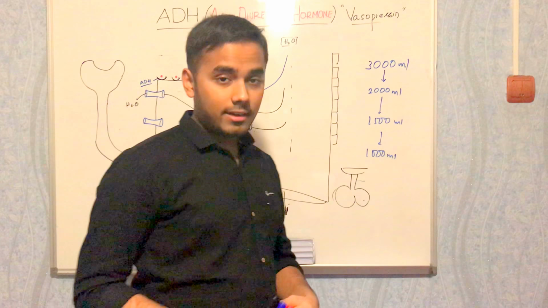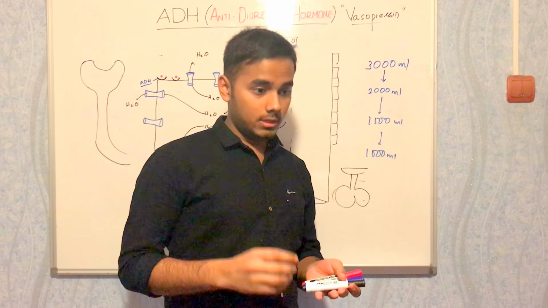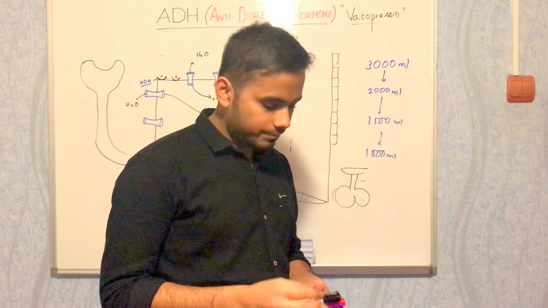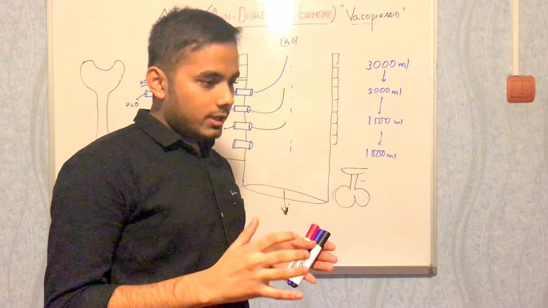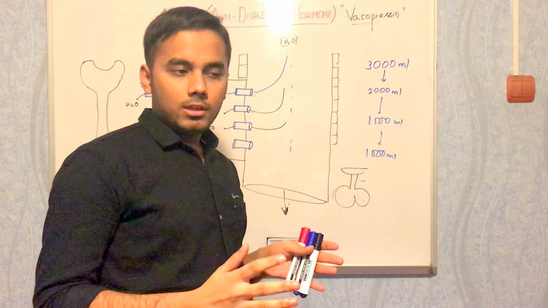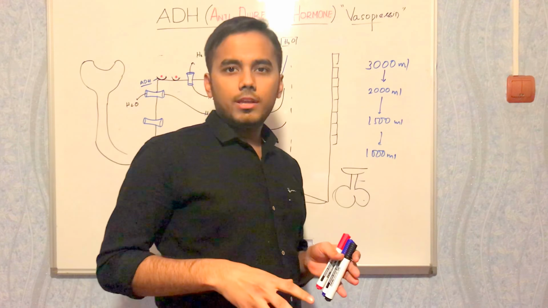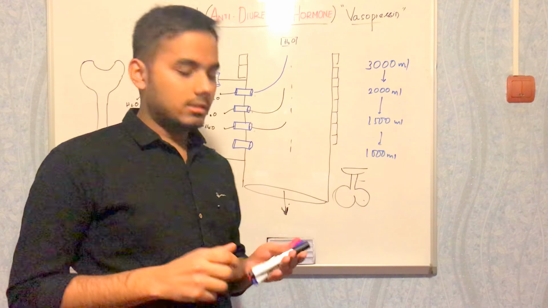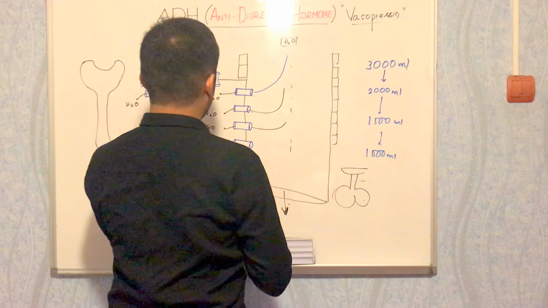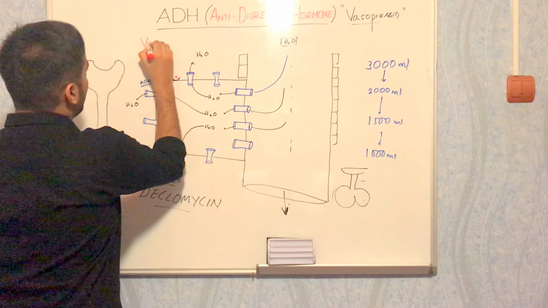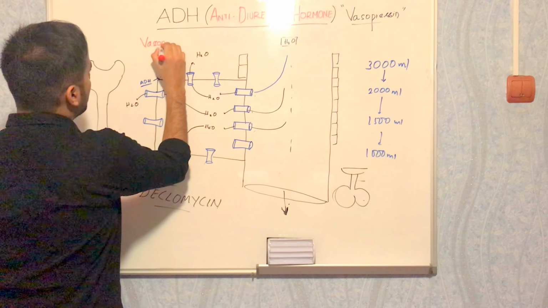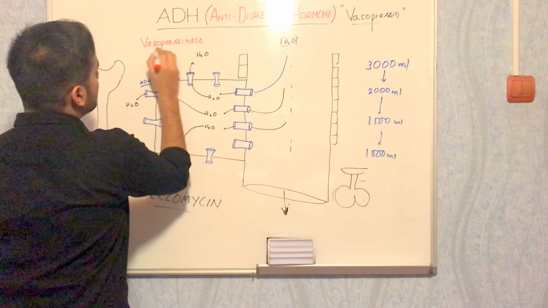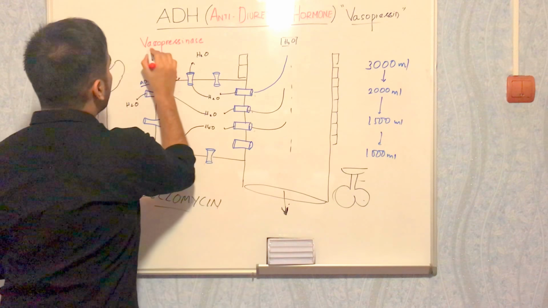And in a pregnant woman, in pregnancy, ADH levels are also decreased because during the gestation period of 40 weeks, there is continuous production every day of vasopressinase. It's not a hormone, sorry, it's an enzyme.